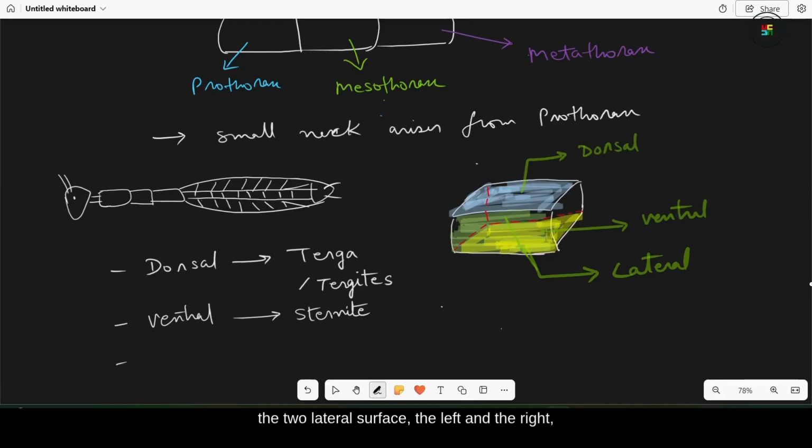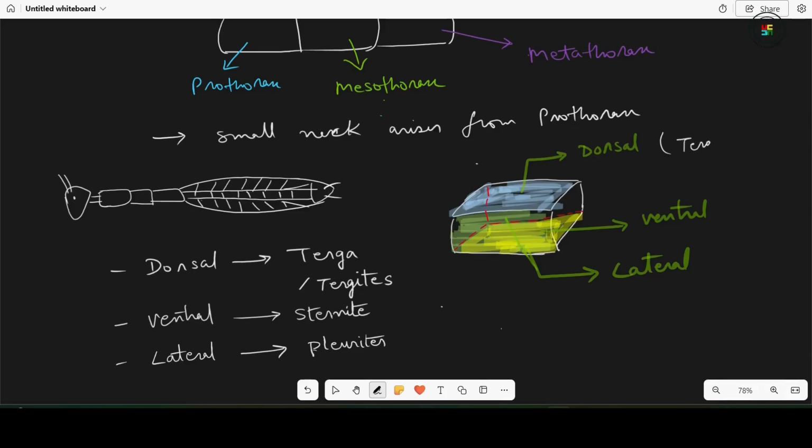And the two lateral surfaces, the left and the right, are covered by sclerites called as pleurites. So dorsal covered by tergite, ventral by sternites, and the two lateral by pleurites.